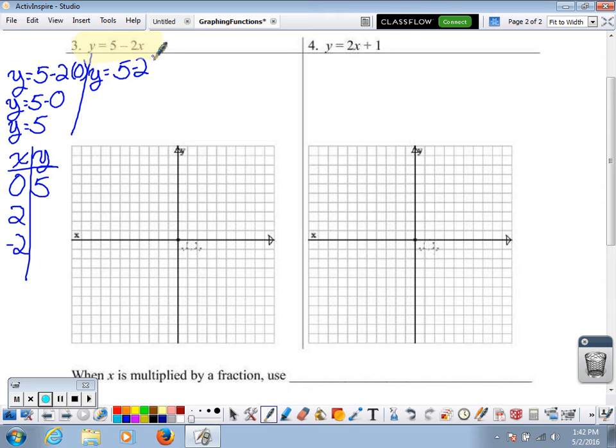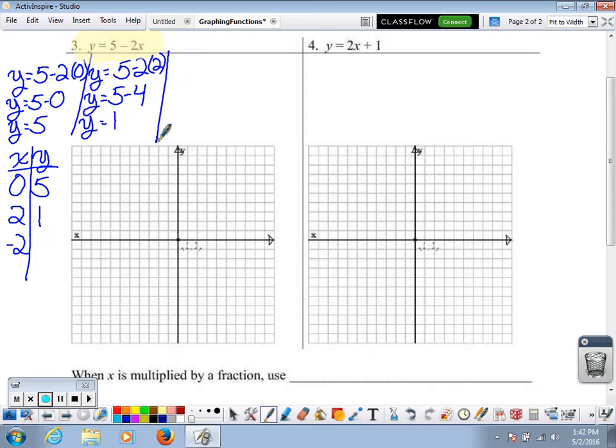Not minus 2, times 2. Okay, y equals 5 minus 2 times 2. Okay, all we're doing is putting those numbers in place of that x. Okay, we're substituting. So Maddie, what's 2 times 2? And what's 5 minus 4? Good. So when my x is 2, my y is 1.